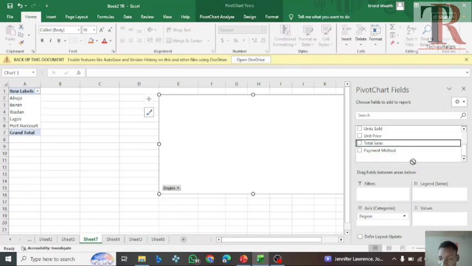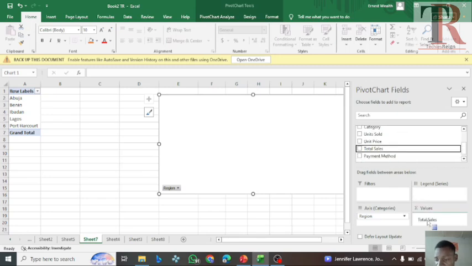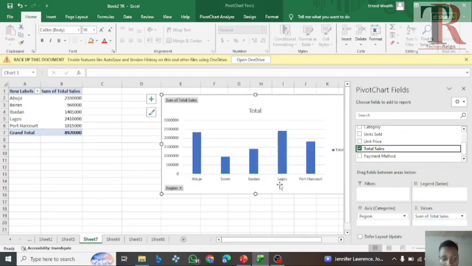And now you click, you hold, you drag, and we have created a pivot chart. What we did was we dragged this region over to axis, which created this: the Abuja, Benin, Ibadan, Lagos, and Port Harcourt, all are part of the regions.